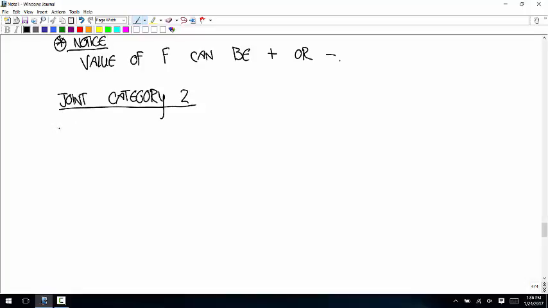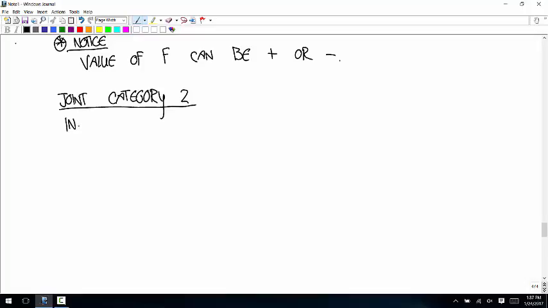The first one of these is contact with friction. Sorry. Let me say something about this one. Here's what joint category 2 has in common.